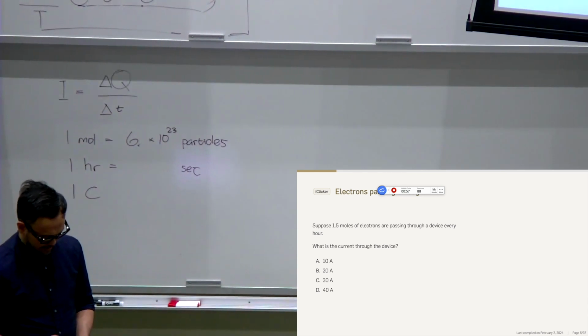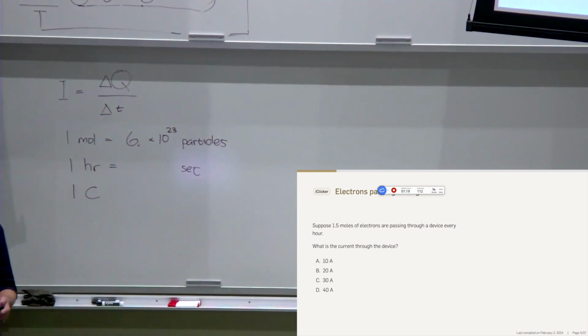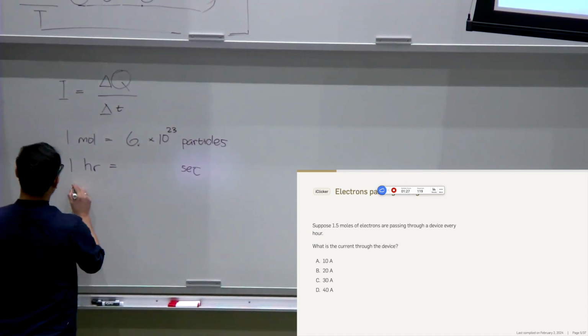One more minute. Can anyone help me? 1 coulomb is what? 1.6 times 10 to the minus 19. Okay, good. So 1 electron is that.